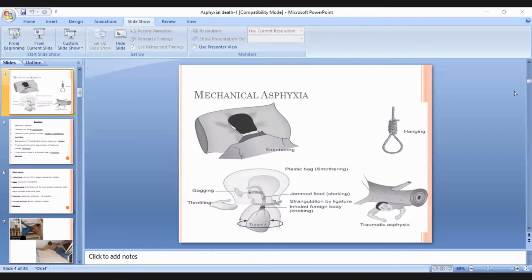And then further, if there is any kind of trauma over the chest, this causes traumatic asphyxia. All right. So if there is compression over the chest, then that is known as traumatic asphyxia.